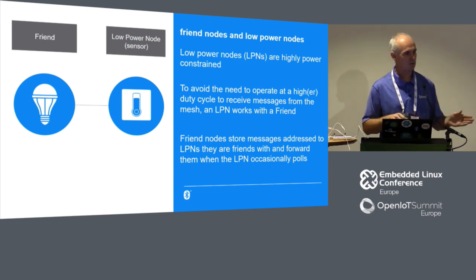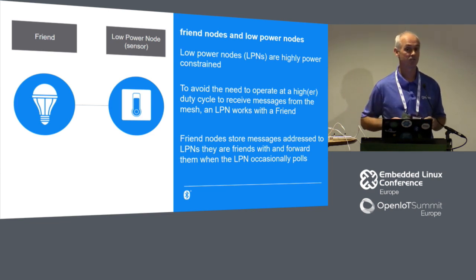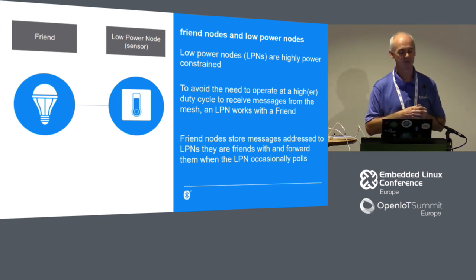And again, the friend role and the low power node role are configuration flags, so you just configure your devices as you install them. And the mesh specification includes a protocol which allows low power nodes to dynamically discover nodes in range that can be its friend. Somewhere else in the room there's a light or something that can be its friend.